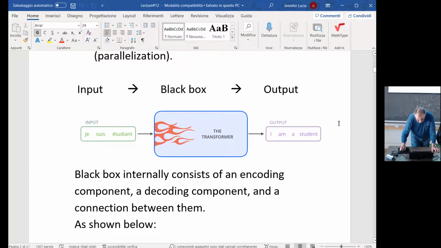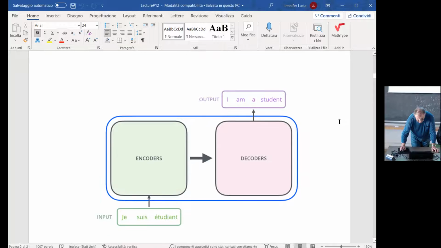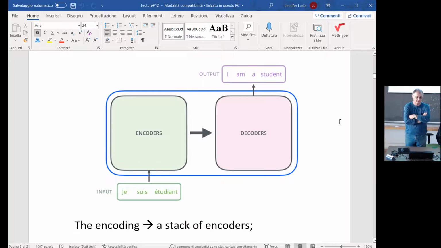Now let us detail the work of the transformer architecture. So we have the input to some block which is named encoders. And the encoders, what do they do? Encoders analyze this sequence of words from the point of view of some quantitative characteristics.